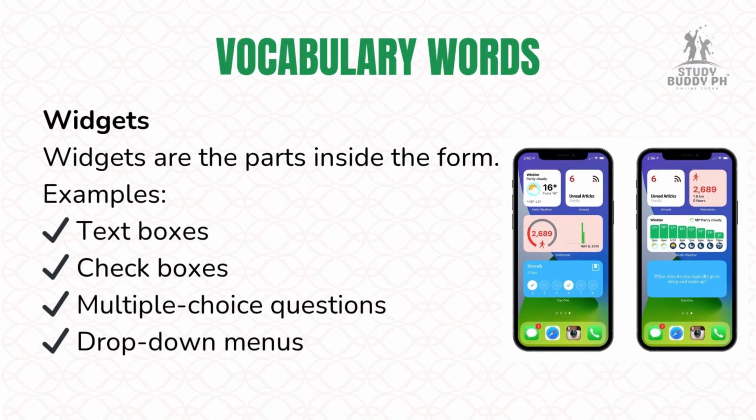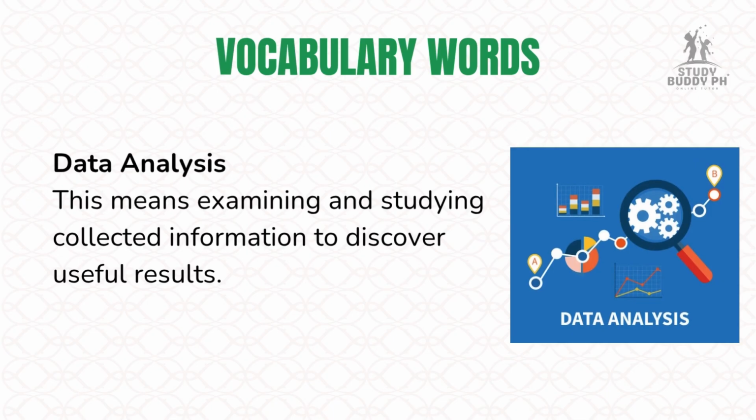Widgets. Widgets are the parts inside the form. Examples: text boxes, check boxes, multiple choice questions, drop-down menus. Data analysis. This means examining and studying collected information to discover useful results.